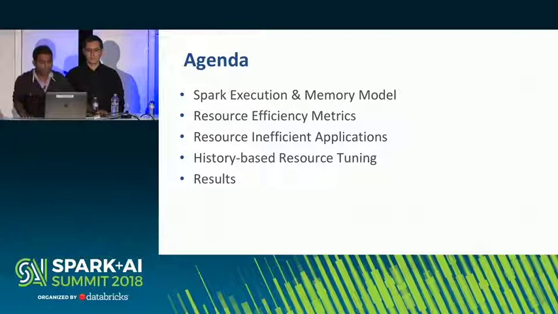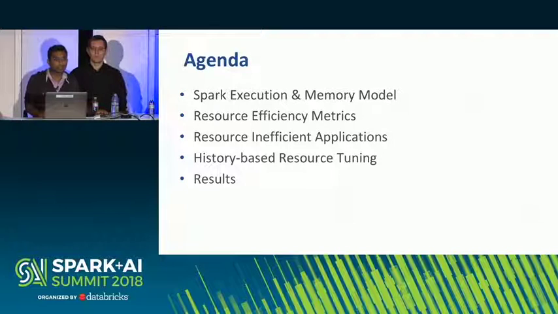So in this talk, we are going to be talking about what resource efficiency means, what can make your Spark jobs resource inefficient. We'll take some examples and try to explain what a resource inefficient application can look like. And then we'll talk about our history-based resource auto-tuning project, which is deployed in production and that can save a lot of resources for us. And at last, we'll share some results.